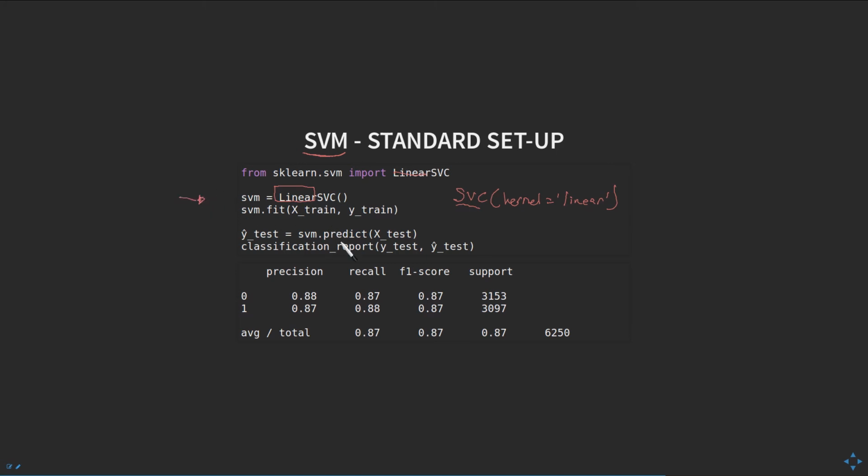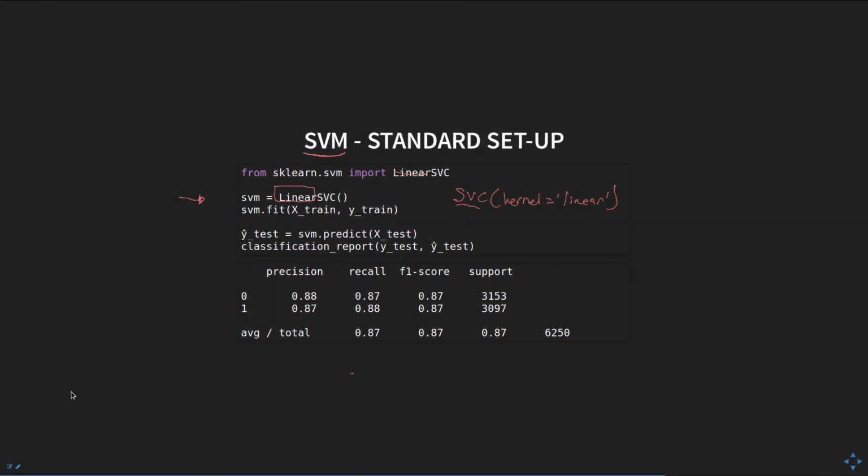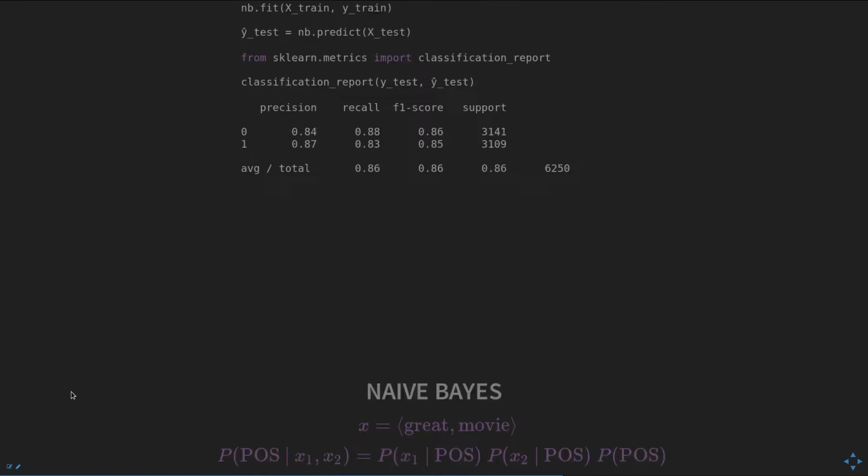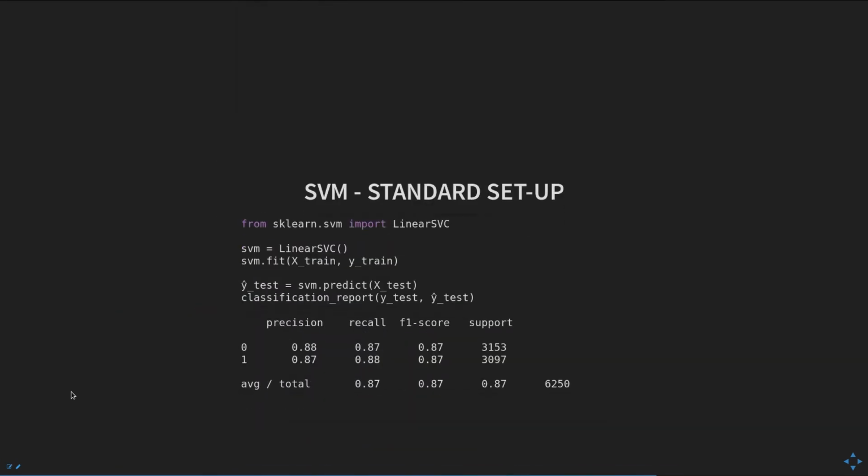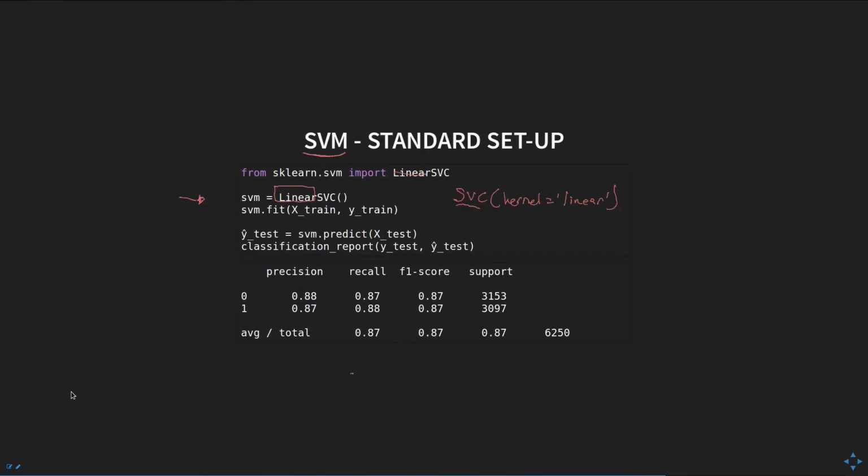So we fit this on our train, we do predictions on our test set again, and we do the classification report. And as you can see, if we compare it to the other results that we had before, we can see that we're only doing slightly better, right?